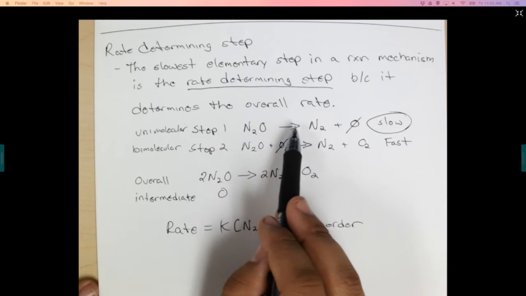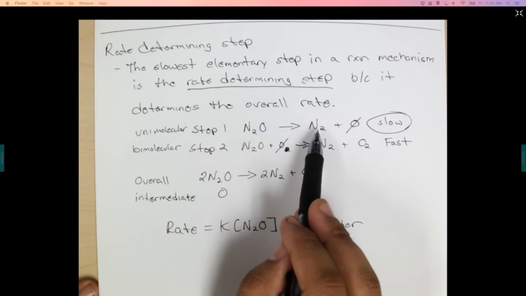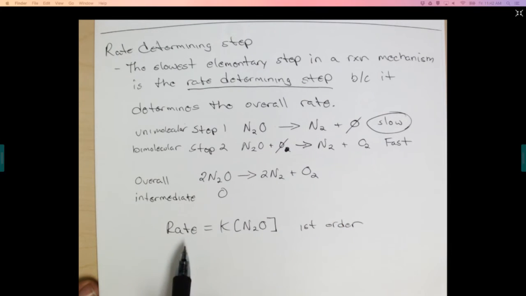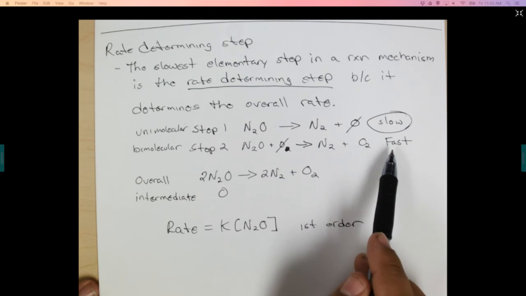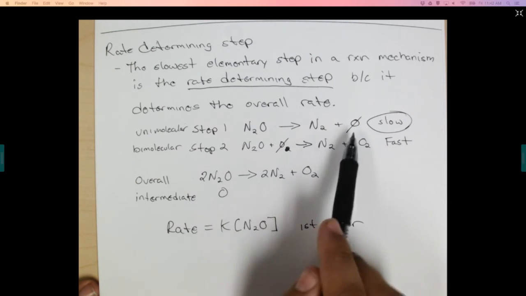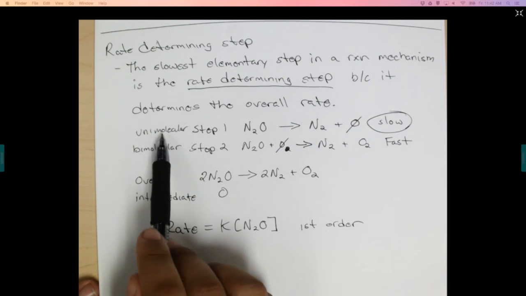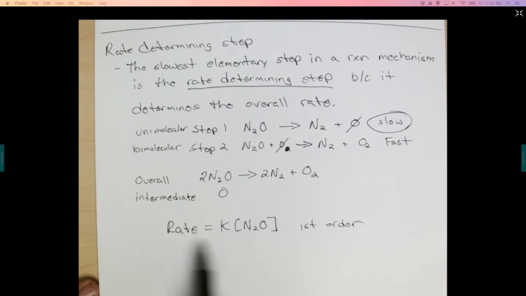Essentially, as soon as N2 is created, it is used up in this second step. So here we have the rate law for a multi-step mechanism where we know the speed is slow and fast. We were able to determine the overall reaction, the intermediate, and the molecularity, and last but not least, we were able to derive a rate law based upon that. And that's what you're going to have to do.